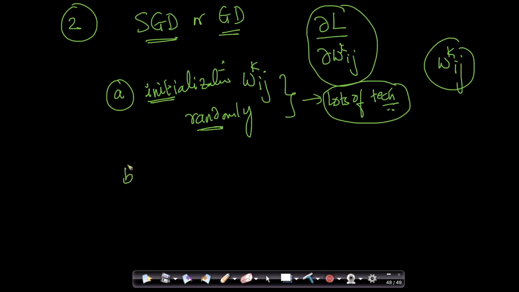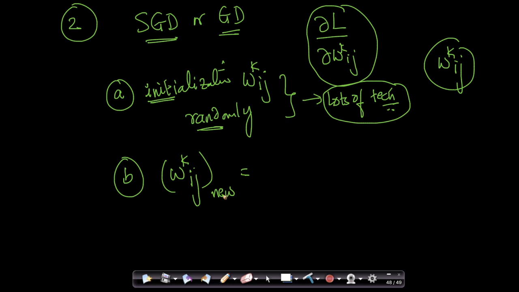That's first step. Second step is, how do you update any weight? Suppose you have a weight Wkij. And what does gradient descent do? It iteratively keeps changing these weights in a for loop like structure.